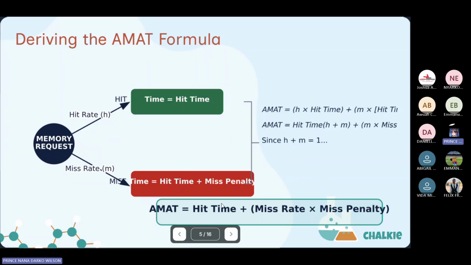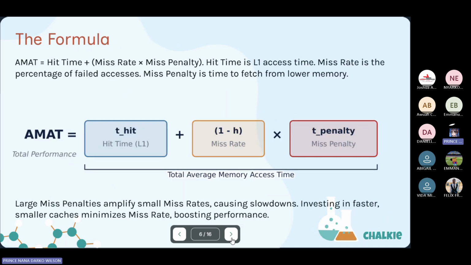We are combining how much we successfully pick from the table plus the rate at which we cannot pick from the table, times the time that we lose for every single one. That gives us the miss time, by the way. So in other words, it's hit time plus miss time.